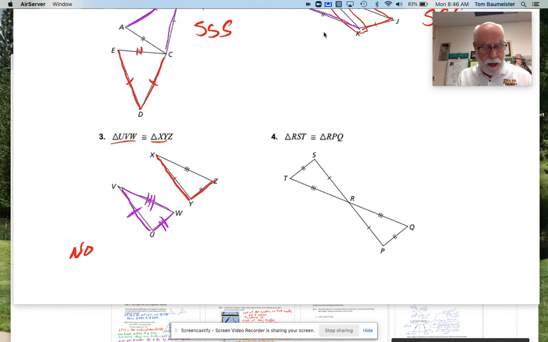And it said to explain the reasoning. Well, we went ahead and said that UV was congruent to XY. So that one was okay. But then the other one wanted us to go VW, right?